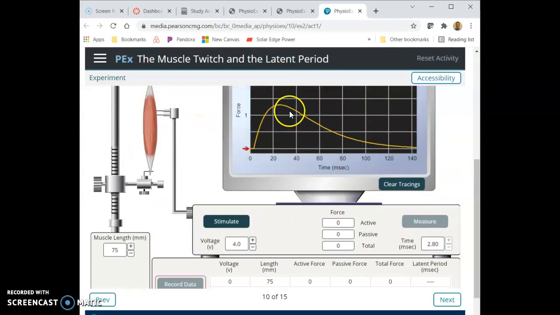So if you stimulate it here, it's going to go up farther with the same stimulation. Like if you left it at 4, you could maybe pull this up higher because there's calcium still there. And that's just a really important point. And that's why wave summation occurs, and it's why treppe occurs. And it's why if you play sports, you always warm up.